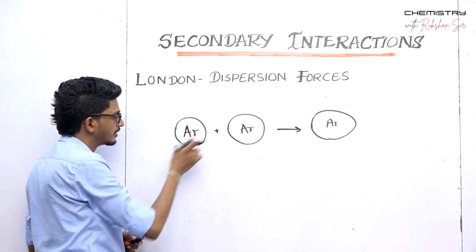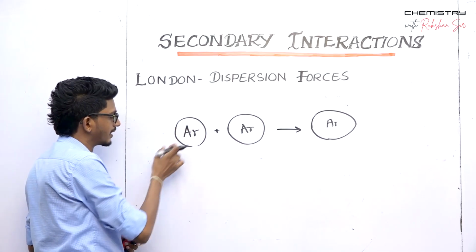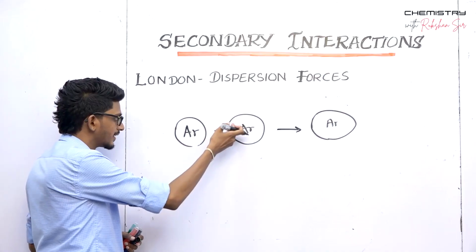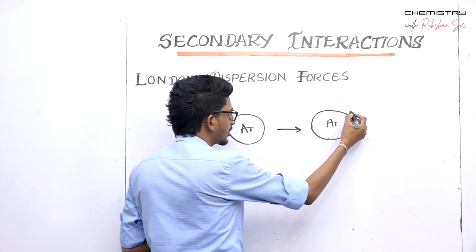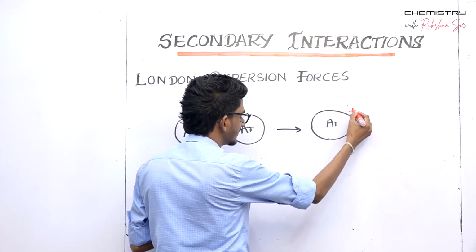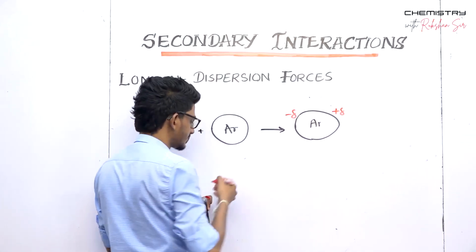The negative things will repel, so the electron density goes towards here, and some positive nature, less electron density, will appear here, while greater electron density will appear here.